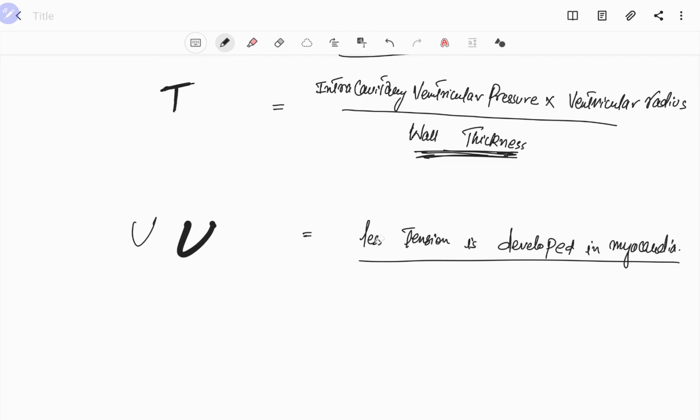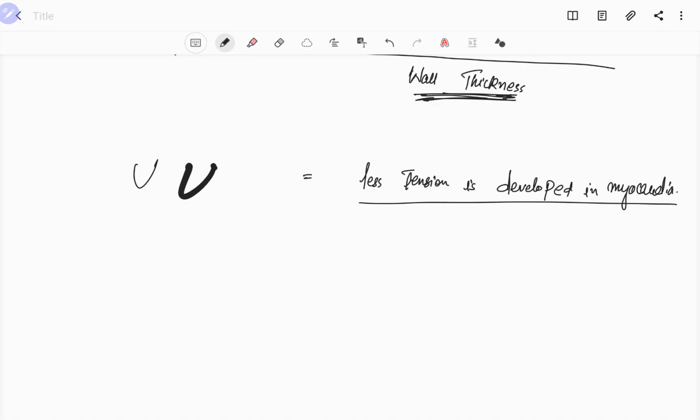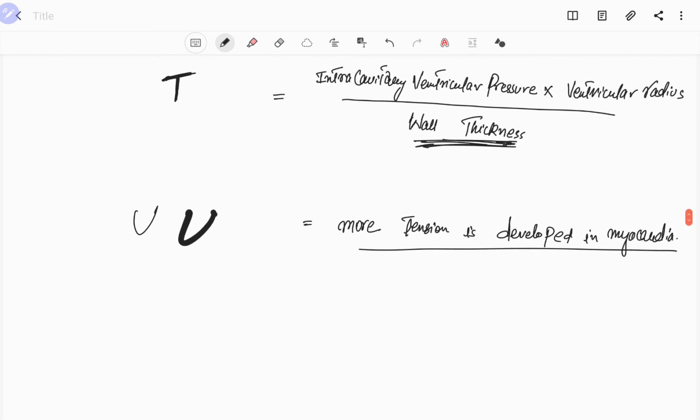Sorry for the mistake. So here I have made a mistake. There will be more tension developed in the myocardium because this is less. Oh, sorry, I was right before.